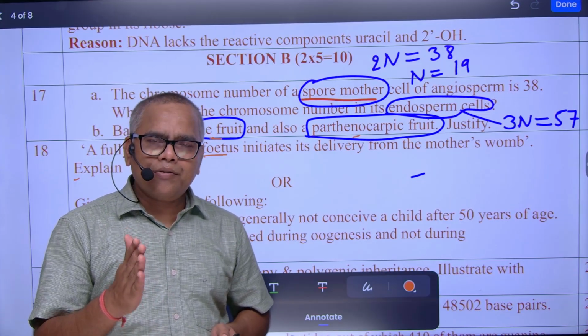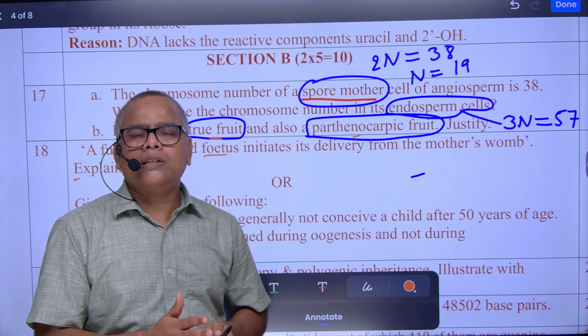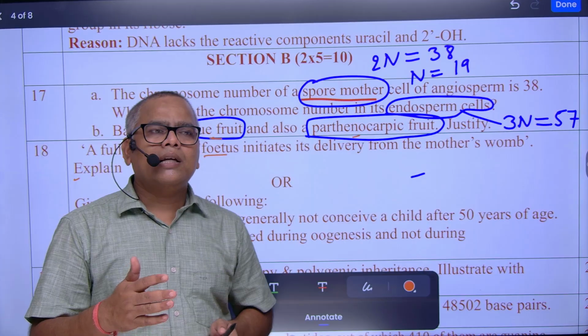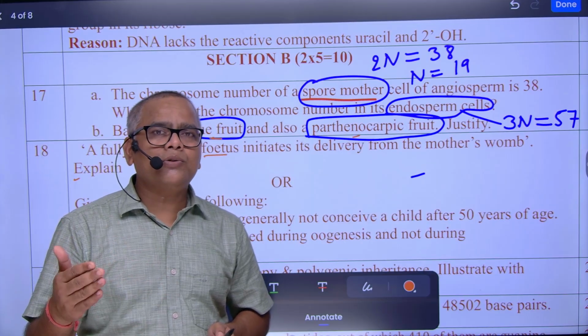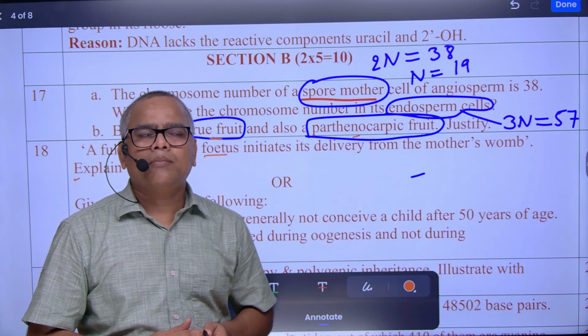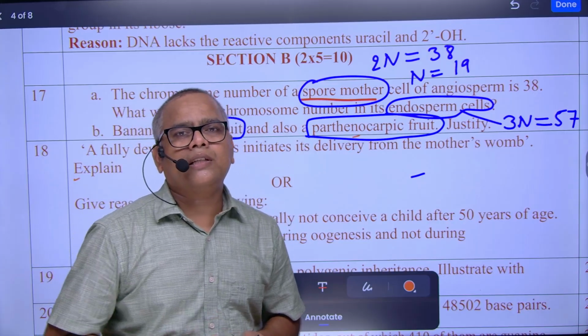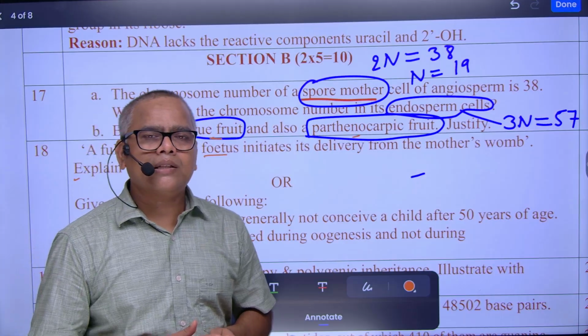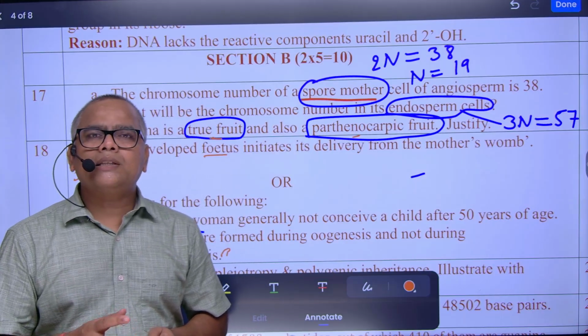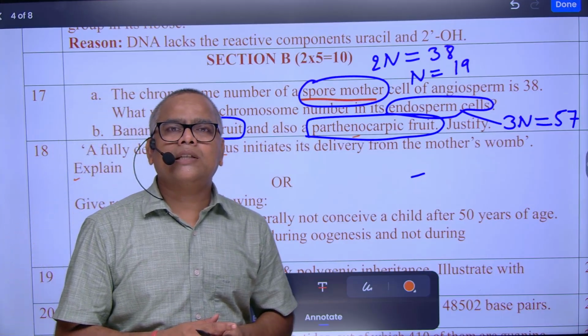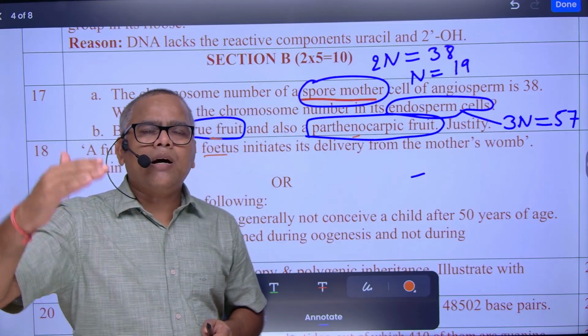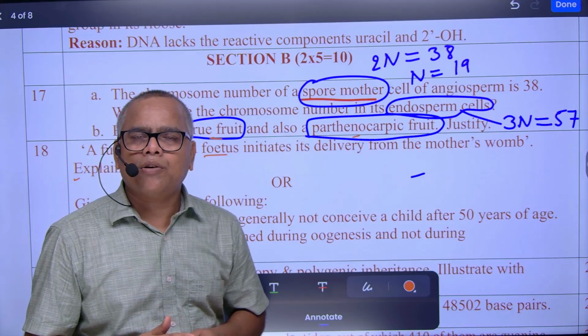If puberty begins at the age of 13 or 14 years, it continues throughout life in a male. But the story is different in females. In females, puberty begins at the age of 12 to 13 years and extends only up to 45 years of age.